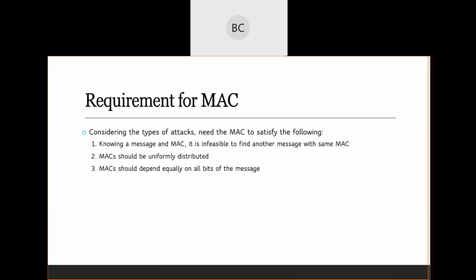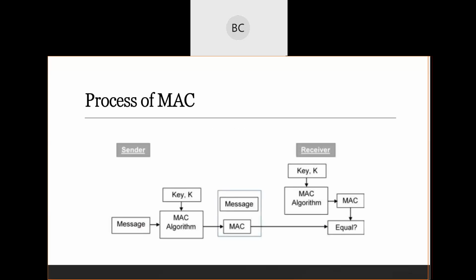The MAC should be uniformly distributed, and it should depend on all bits of the message. Since we create the MAC with the help of a certain algorithm, we have to make sure that all the bits of the message are involved when we generate a MAC. So this is the main process.